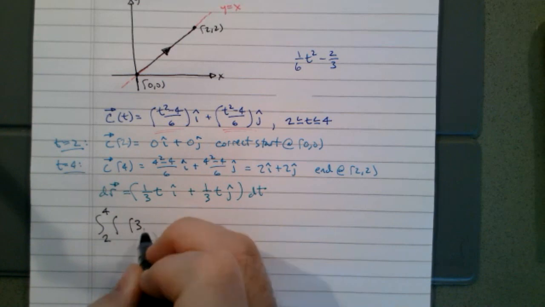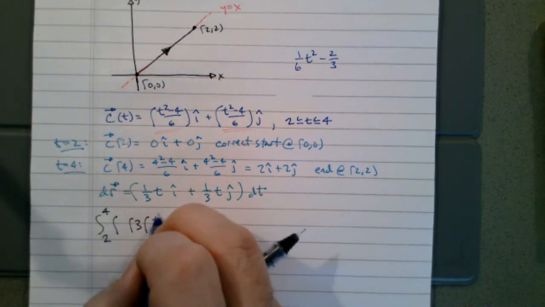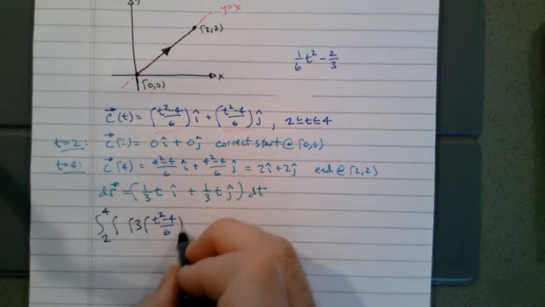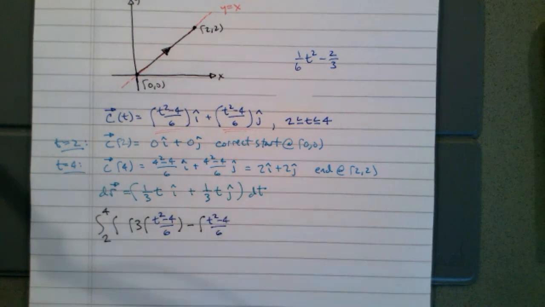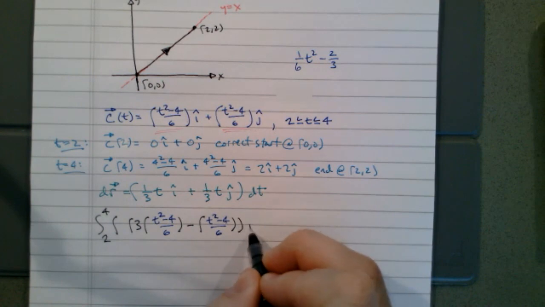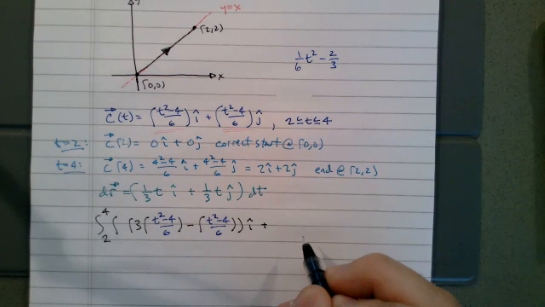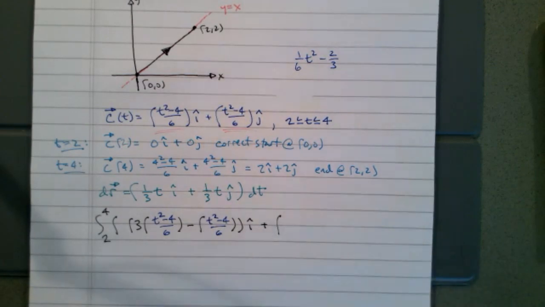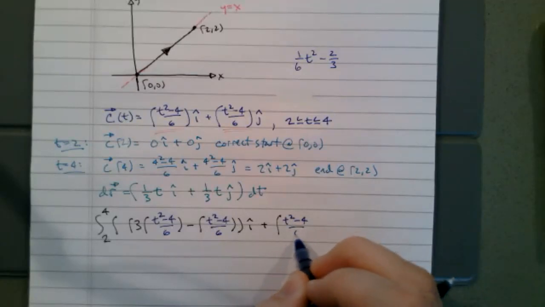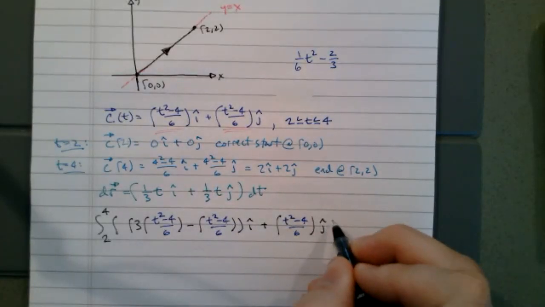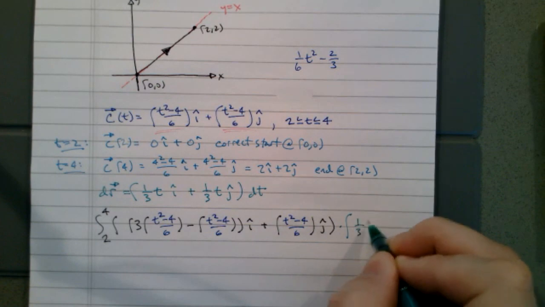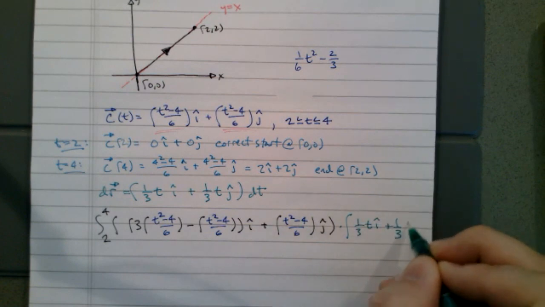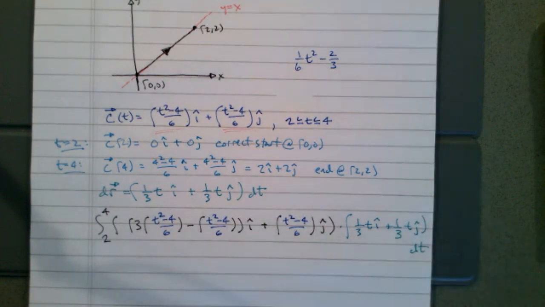So I'll have 3 times x minus y times i plus x times j, and this is dot 1/3 ti plus 1/3 tj dt.